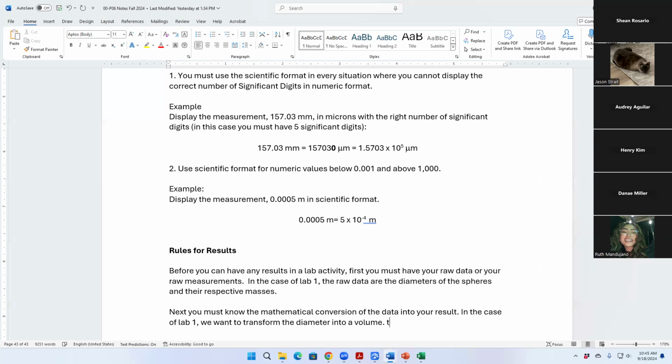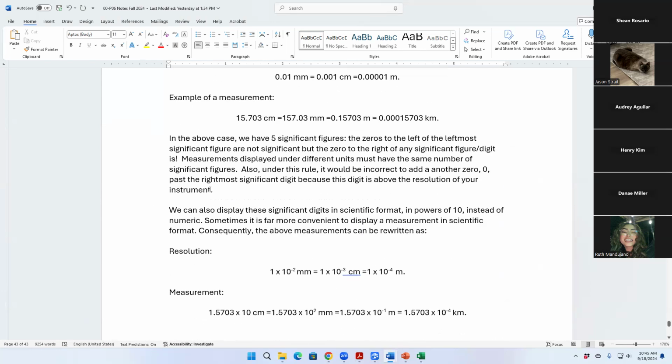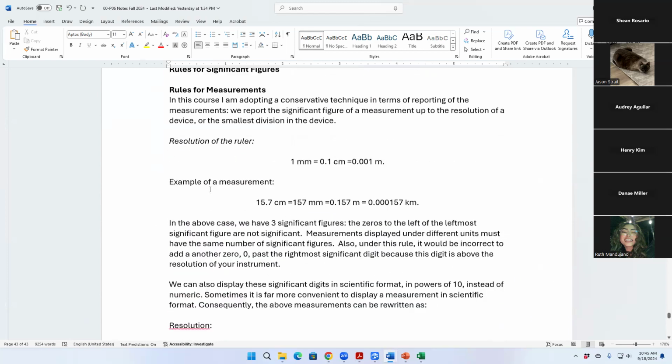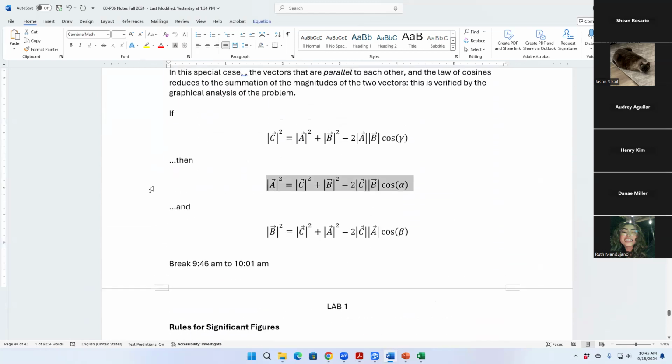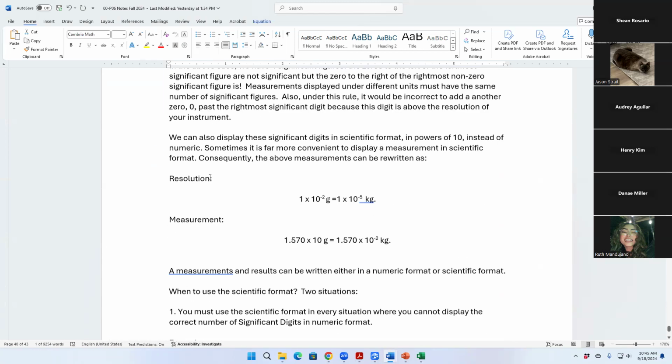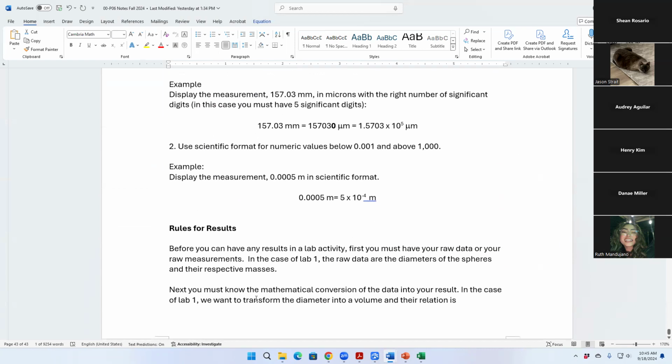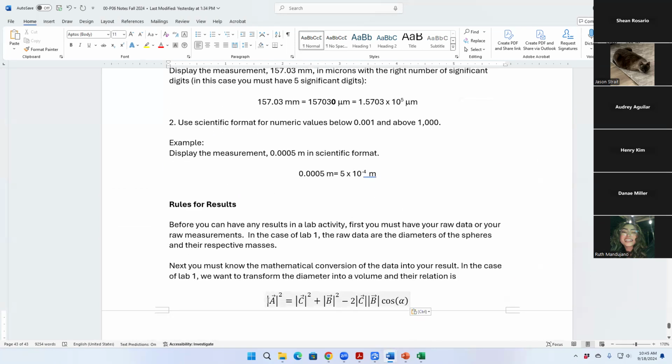Their relation is equal. I wrote it down before, right? First, let's write down in terms of volume. Here you go.